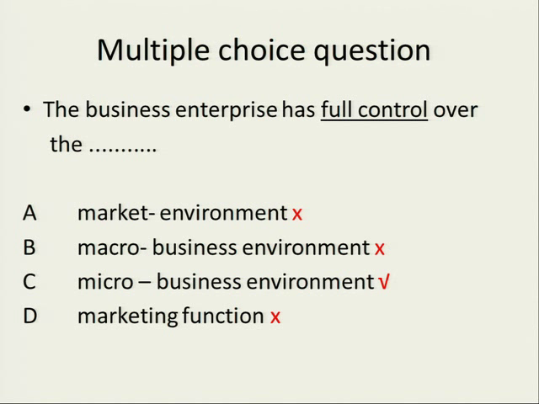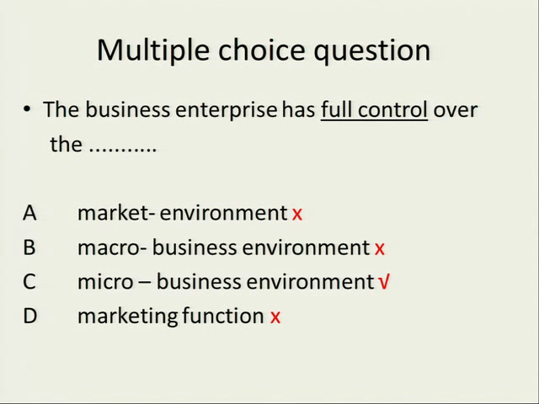Then the learner will look at the degree of control again, full control. Number A will be wrong because with the market environment, the business just has some degree of control or no control in some instances. The macro environment is also wrong because the business has got no control over the macro environment, for example, over government legislation.